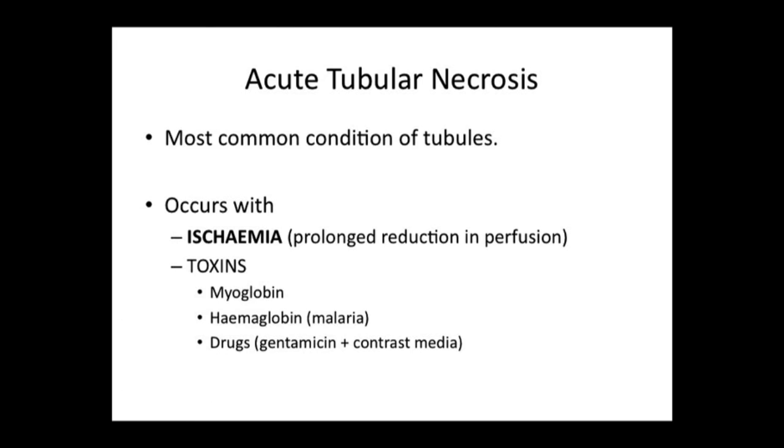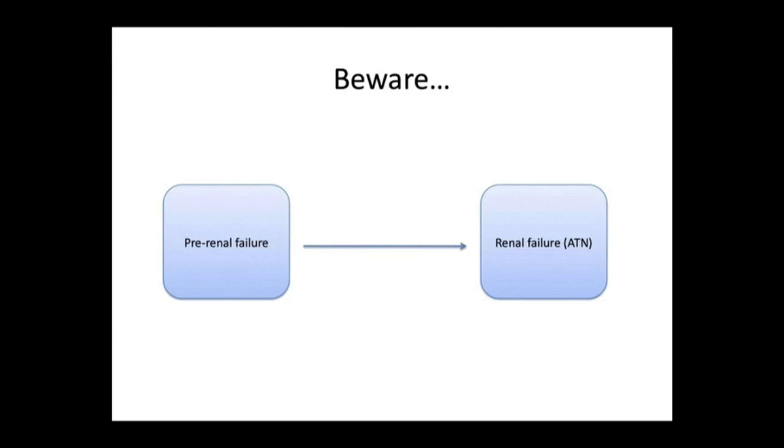And then contrast media, which is of course used for CTs and various contrast studies and stuff like that. But the big thing here is ischemia. If you underperfuse your kidneys because you're shocked and that isn't corrected, you might get acute tubular necrosis, which unfortunately you can't correct. So this is the issue. Pre-renal failure can cause renal failure. Long-term renal failure.